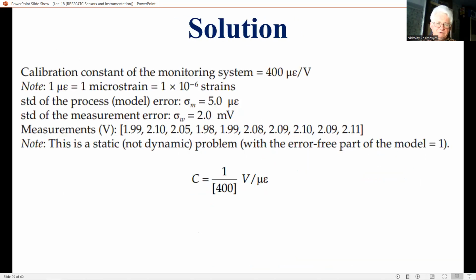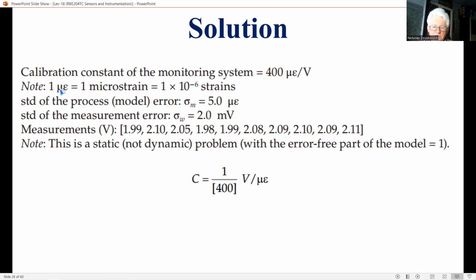In this example, the strain that is measured by the strain gauge represents the process. The strain gauge, bridge circuit, and recording of its output voltage represent the measurement system. The following information is known. The calibration constant of the monitoring system is equal to 400 milli epsilon over 4 volt.